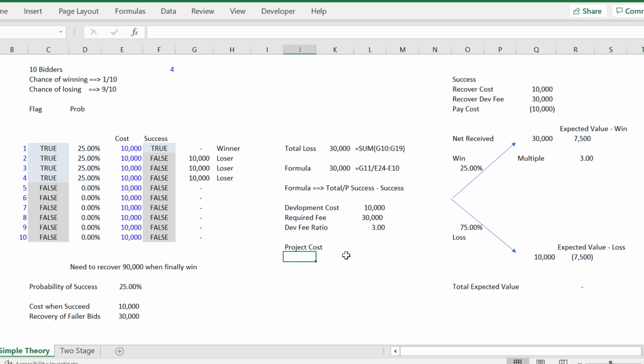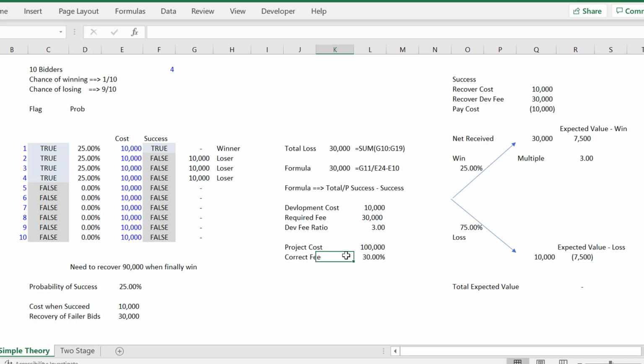Who knows what that is? Let's say that's 100,000, and then we could put the correct fee. Okay, and that's the development cost, their fee divided by the project cost. If that's very high, we'll put in a much higher cost.